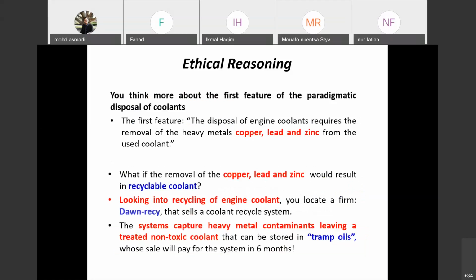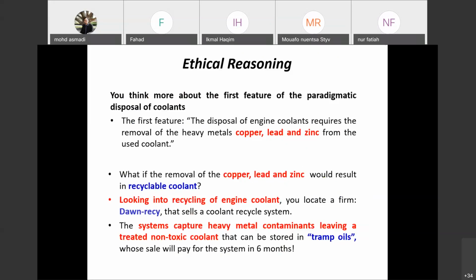Okay, so you think more about the first feature of the paradigm, disposal of the coolants. Okay, which is you dispose of the toxic metals. You remove the copper, lead, and zinc, and after you remove these toxic chemicals, you can recycle or you can treat it at the wastewater treatment plant.